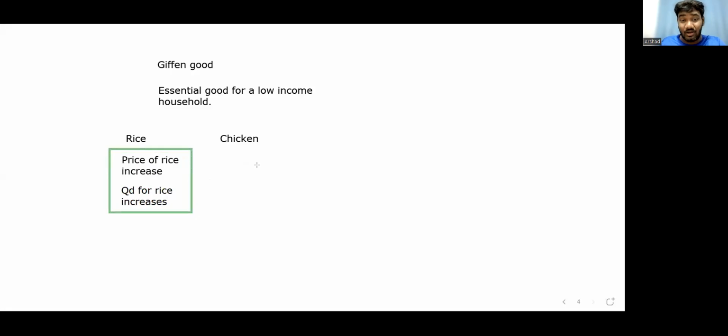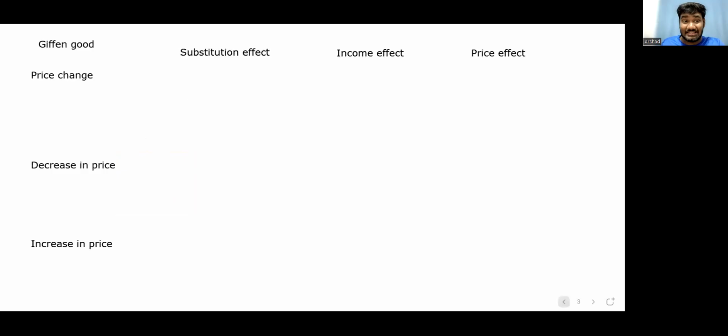That's the whole story about what a Giffen good is. We'll talk about this again later, but I will not give the same example, so on your end, remember the story. Now we'll look at these effects for a Giffen good. Easy, not hard. Now you all know the story.